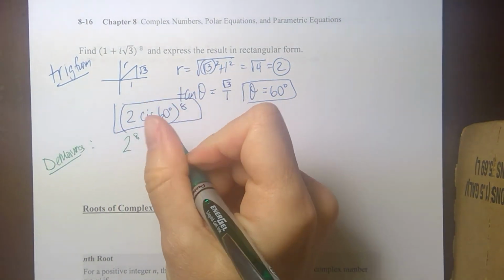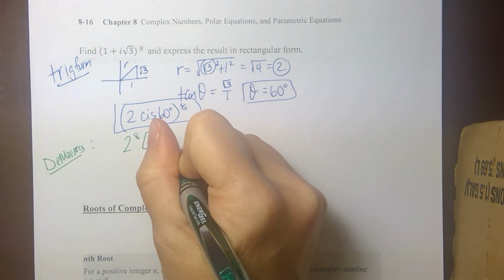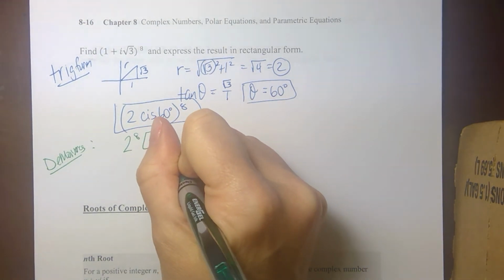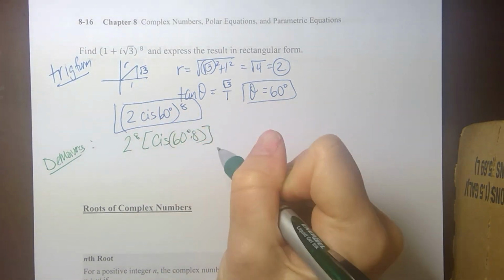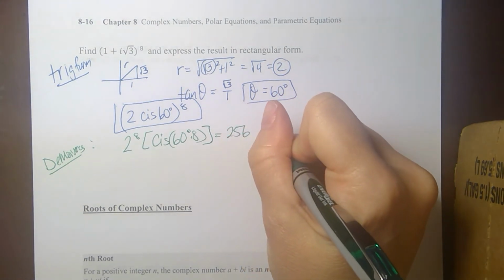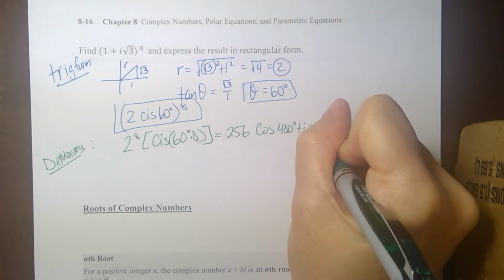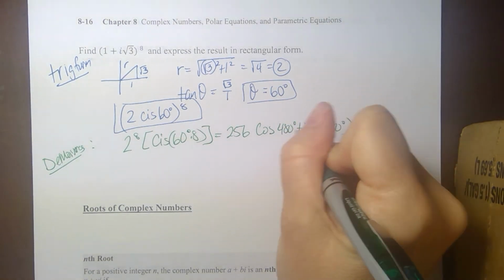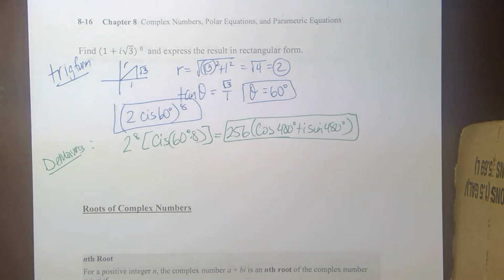De Moivre's theorem tells me to raise r to the exponent, and then I do cis of the argument times that power. So what that gives me is going to be 256 cosine of 480 plus i sine of 480. That's my trig form of my product.